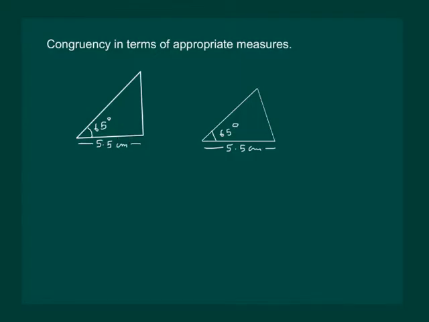That means some more information is required in this triangle so that we can draw a congruent triangle to it. So let us modify our statement.